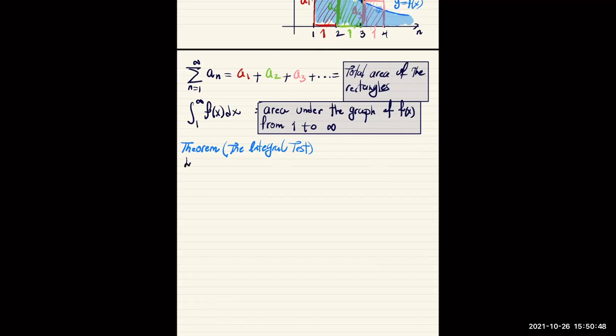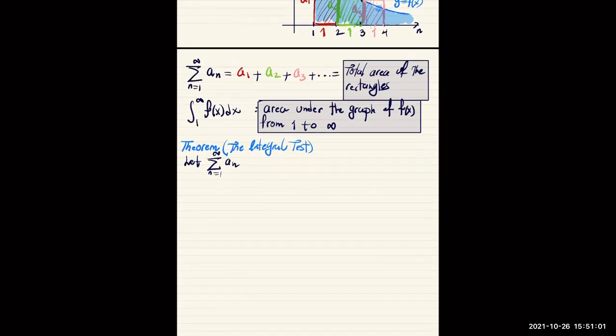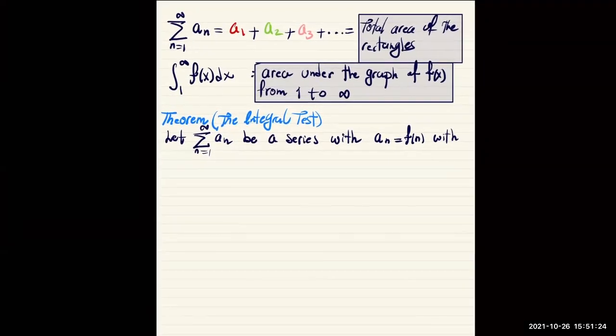And it says, let's say we have a series, so let the sum of a sub n be a series with a sub n called f of n. So call the sequence function f of n. And you want 3 conditions or 3 assumptions to be met for the series.